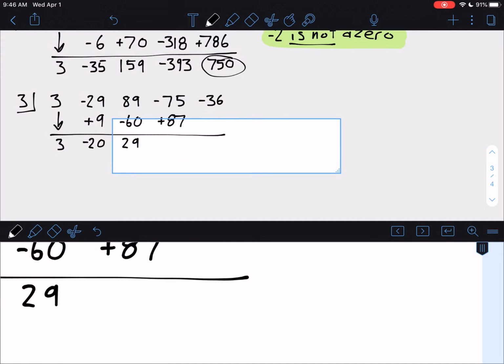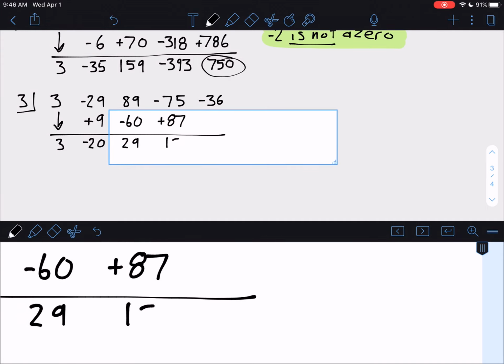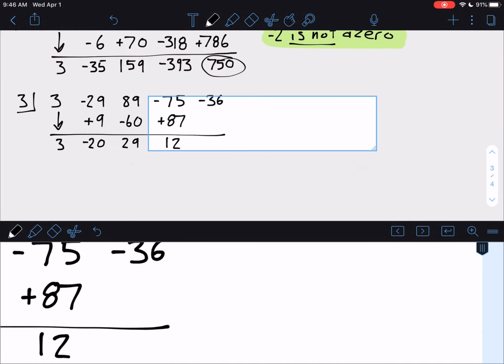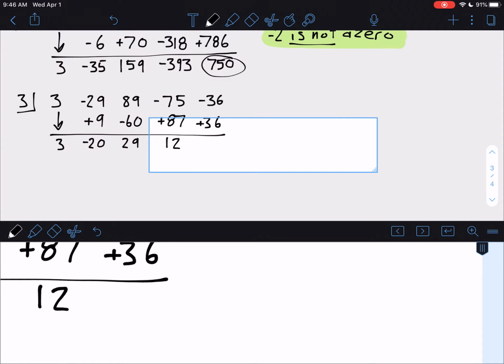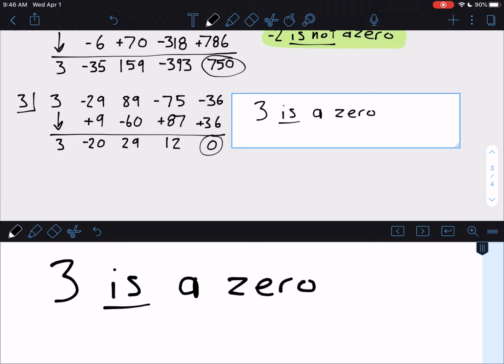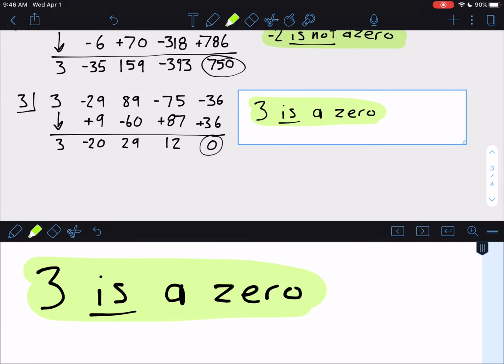So -75 plus 87 gives me 12. And 3 times 12 is positive 36. -36 plus 36 is 0. So luckily, we were looking for those 4 more zeros. We found another one. One of them is 3. 3 is a 0 of this polynomial. Because I got 0 there on the end.